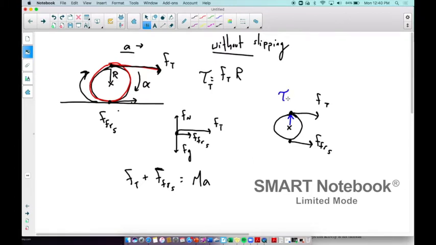So my torque from the tension force is pointing into the page. And if I do the right-hand rule here, the torque from the static friction would be pointing out of the page. Those two torques are opposite each other. They're trying to cause opposite things to happen.